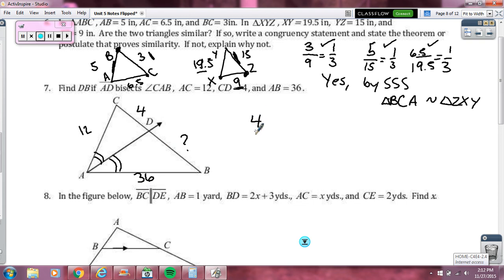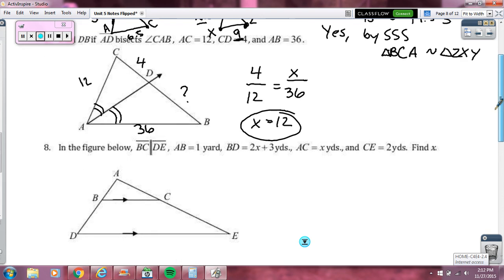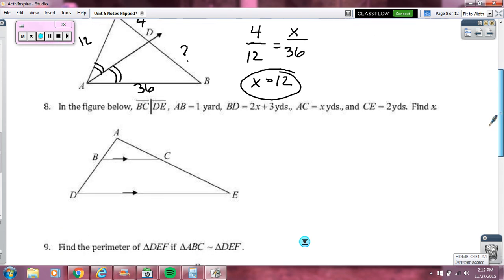I should know based on one of our theorems that 4 over 12 equals my unknown over 36. I could cross multiply, or I could just think about, okay, 4 times 3 gives me 12, so what magical number times 3 gives me 36? That would be my good friend, the number 12. Cross multiplication should get you the same answer, though.